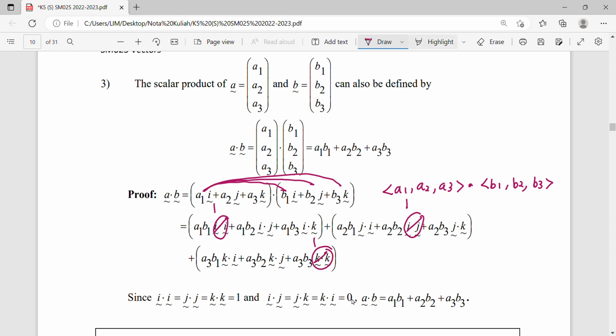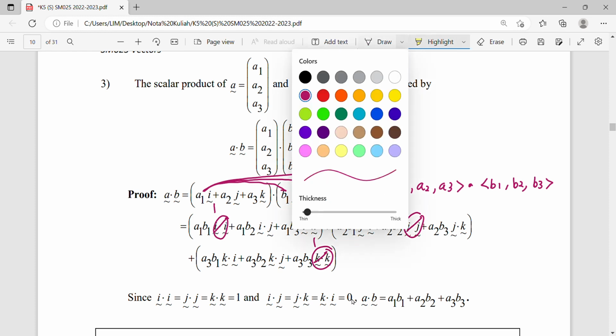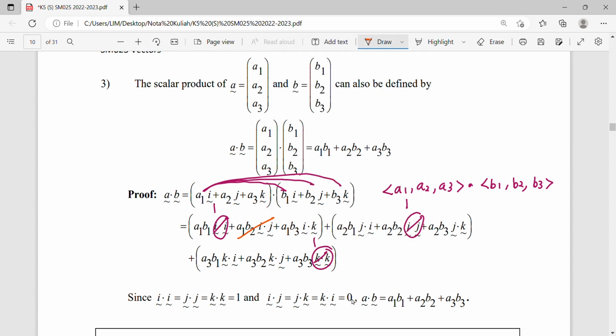So this term becomes 0, this term becomes 0, this also becomes 0, because 0 multiplied by anything is 0. Lastly, in the short way, we only do A1 B1 plus A2 B2 plus A3 B3. So that's why we can straight away multiply x with x, y with y, then z with z, because of the properties of the unit vectors.